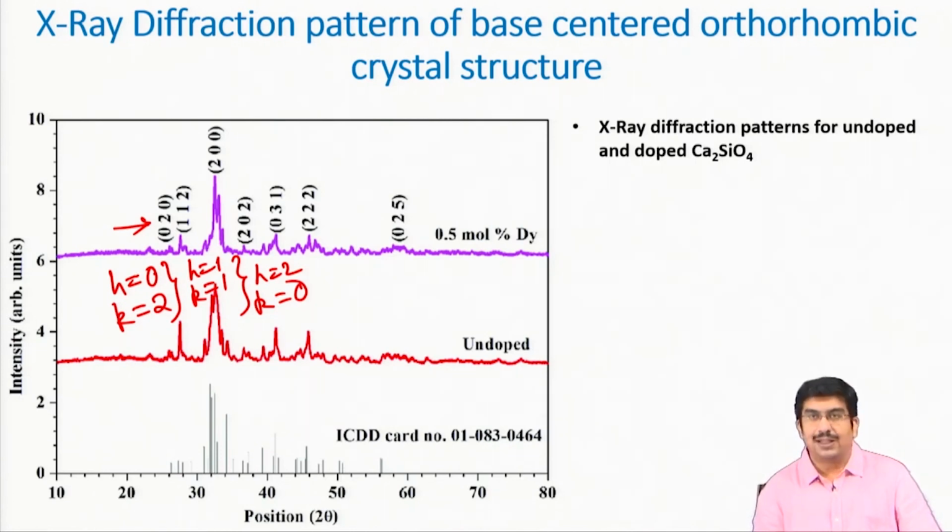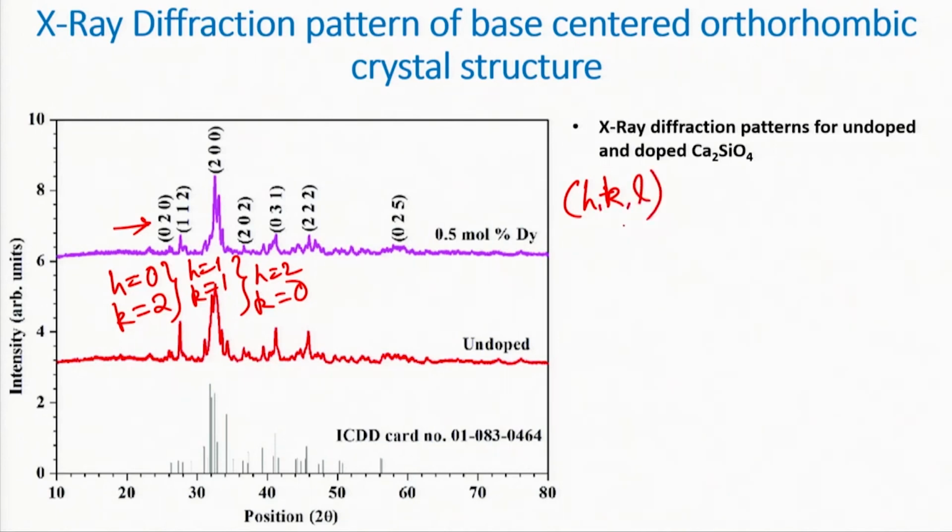If they are mixed, we are not getting any kind of diffraction from this kind of structure. But one thing you must notice here is that the only important indices are H and K, not L. L can be independent in this case.